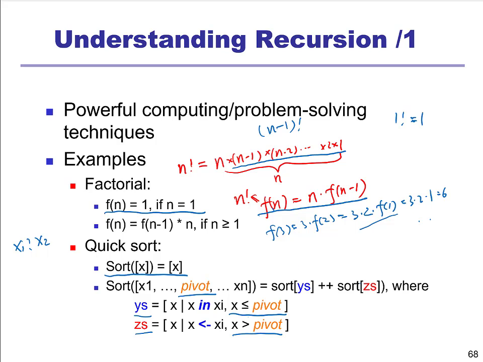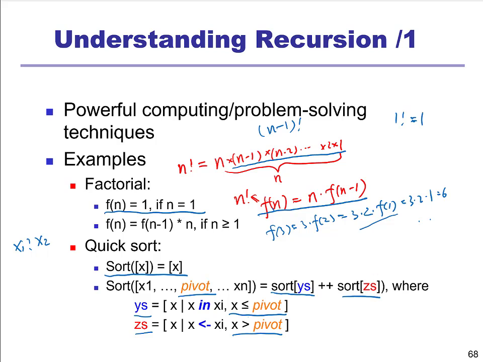So these are the two shorter lists. We can sort these two lists separately, and then just concatenate them together. We will have the sorted list because we use the pivot. Everything in ys should be smaller or equal to anything in zs. So that is the idea.